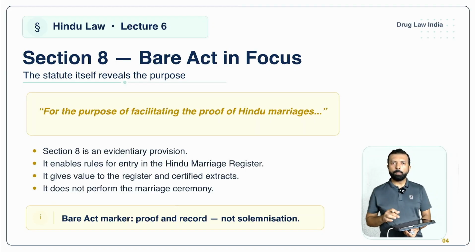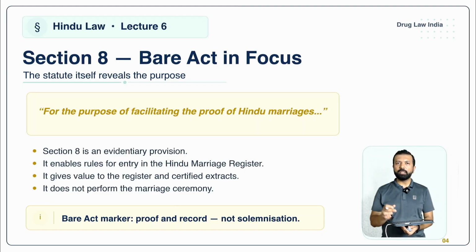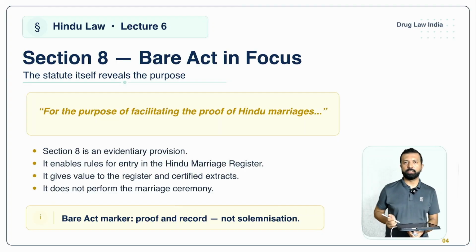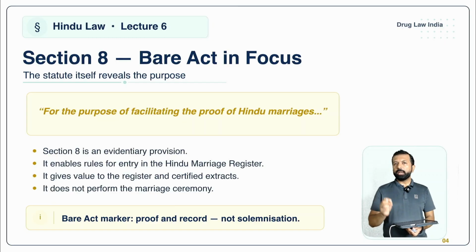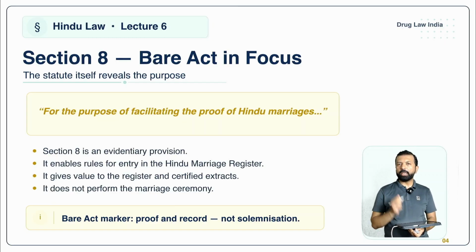Now let us look at the bare act. Section 8 is titled Registration of Hindu Marriages. The opening words are very important here. The section begins with the words "for the purpose of facilitating the proof of Hindu marriages." Mark these words. The statute itself is telling us the purpose of Section 8. It does not say for the purpose of creating a marriage.